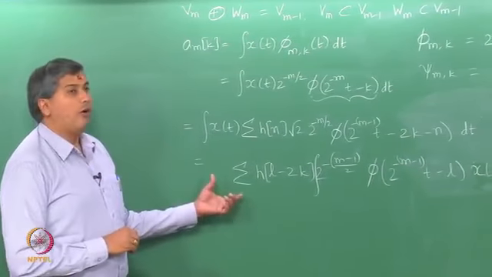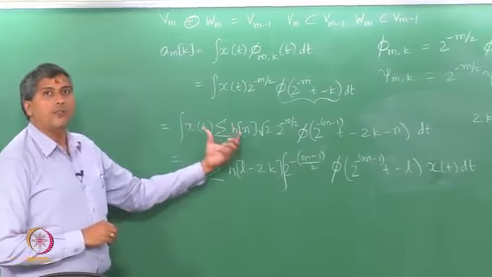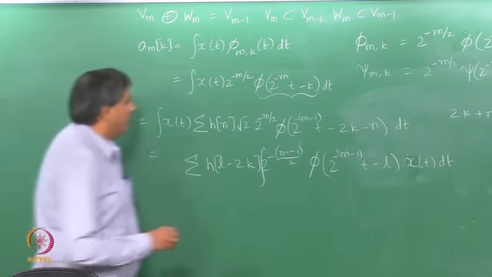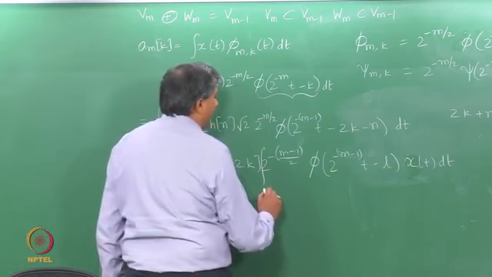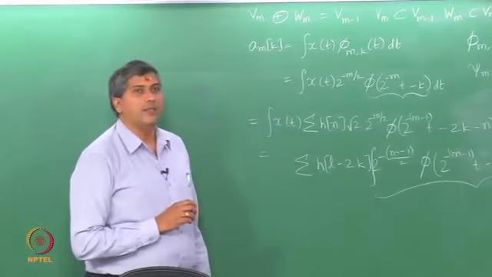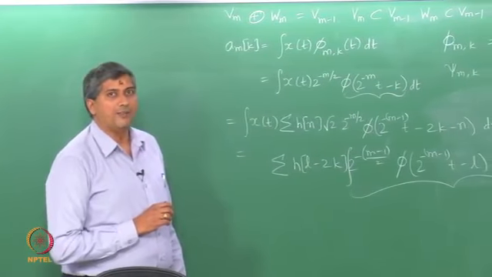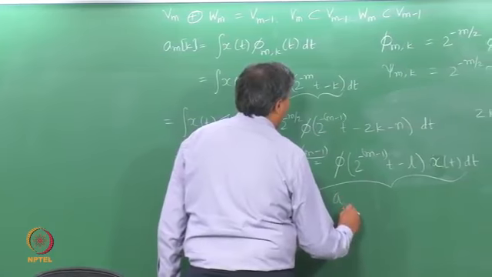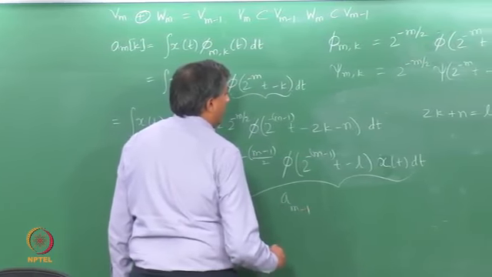The reason for changing the order of the summation and integral will now become obvious. I recognize this part here. What is this? This part here is nothing but A m minus 1, right. This is A m minus 1 at what time?